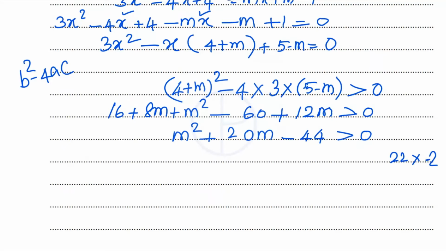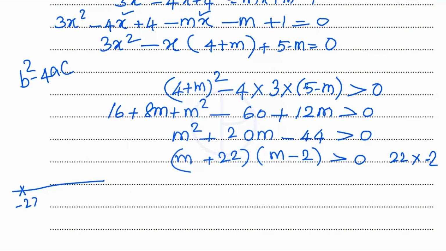So here m plus 22 multiplied by m minus 2 is greater than 0. So m is equal to negative 22 and 2. This has to be greater than 0.